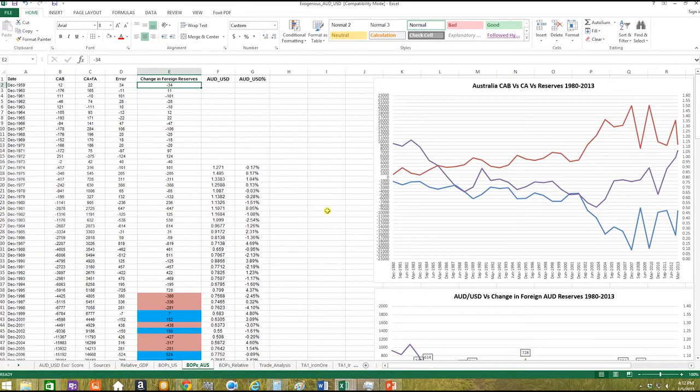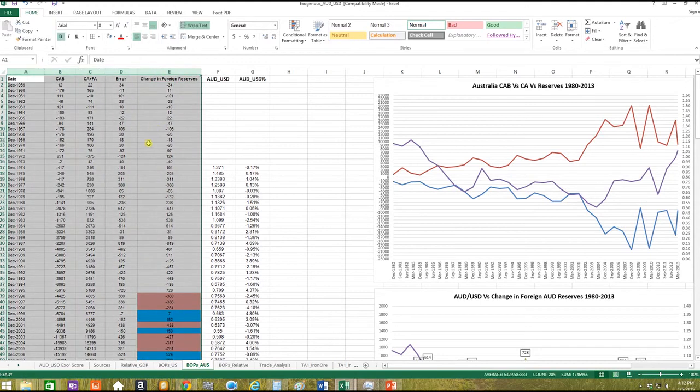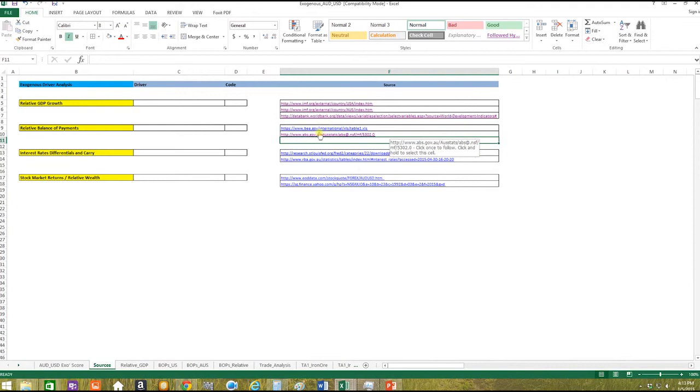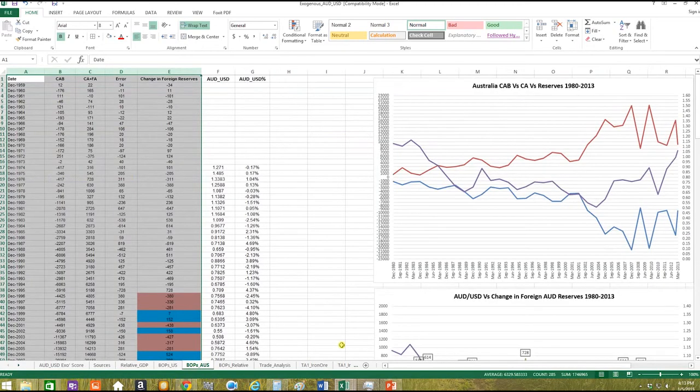So where do we actually get all of this data from? Well, this is all coming from Australian trade data. If you go into the sources tab, you'll see a link to the Australian Bureau of Statistics. If you click on that link, that'll take you to a download area on the ABS website, and you'll be able to download those stats.